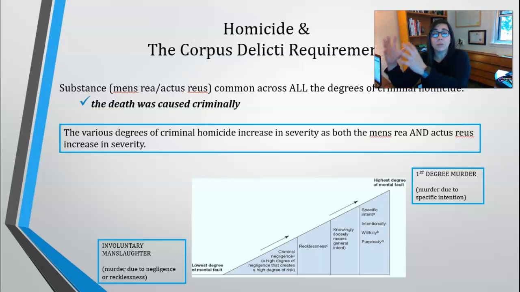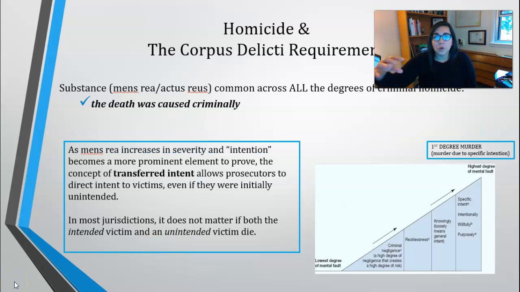On one side, we have really high culpability. We have intention, we have purpose. And on the other, we have lower, still criminal in its theme, still criminal in its elements, but on the lower end of that mental scale. As that mental state increases in severity and toward intention, that intention becomes the more prominent thing to prove. We have to prove that that intention was there and demonstrate it.